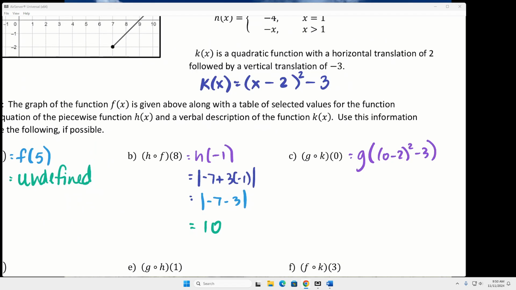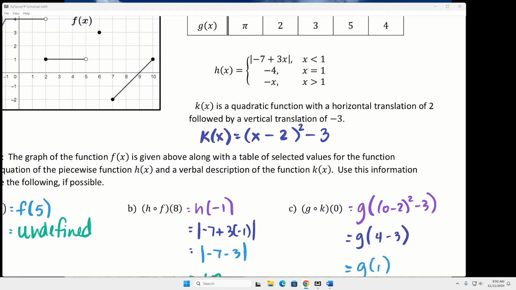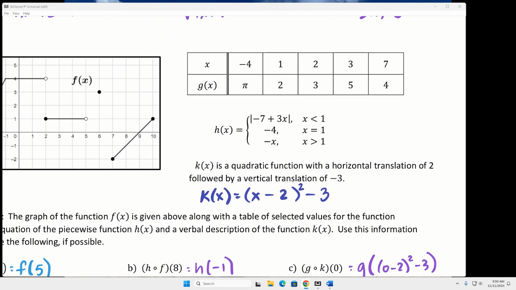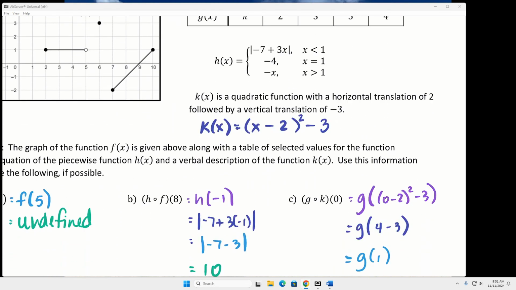So you might be able to do that in your head. If you can't, it's okay. Just take it step by step. You would need to square -2 and then subtract 3. So we want to find g of 1. And then g is the table. g of 1 is 2.